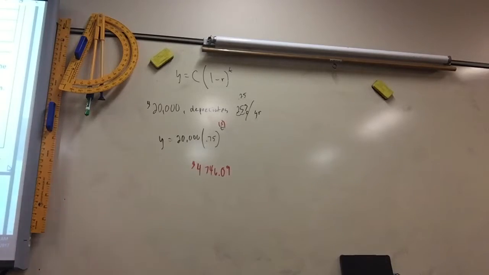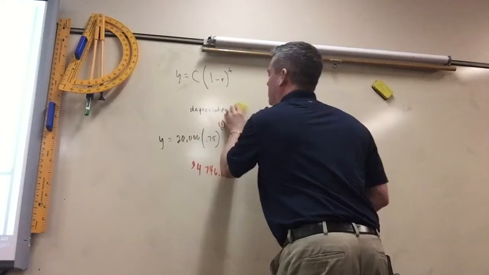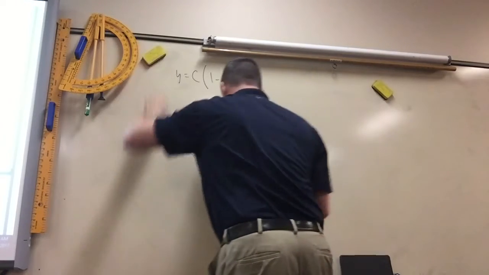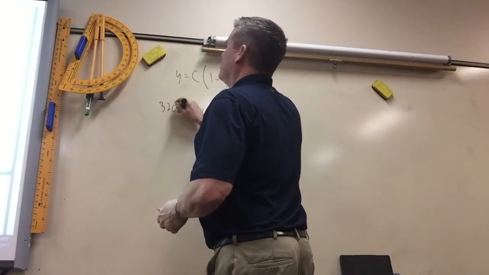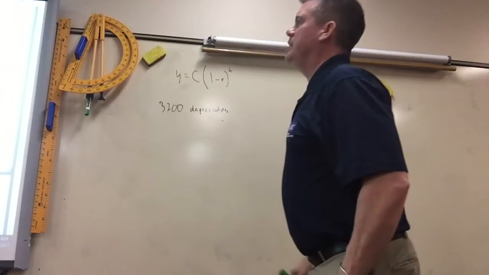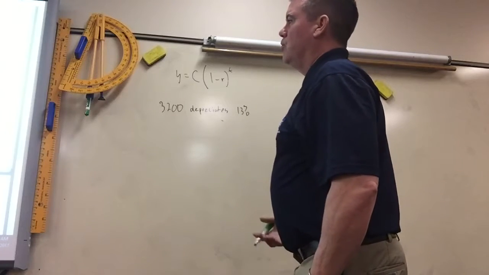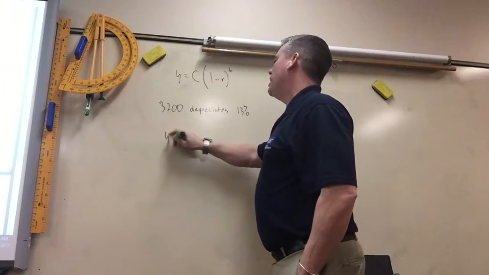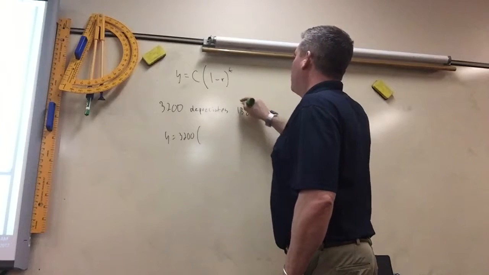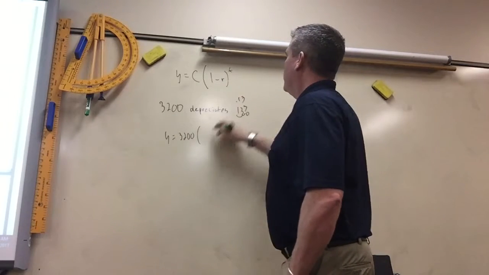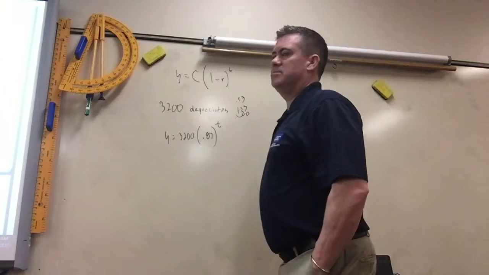So here we've got a boat. The boat costs $3,200 and it depreciates at 13% each year. So write the model, it would be y equals 3,200 times 1 take away 13% is 0.87 raised to the t.